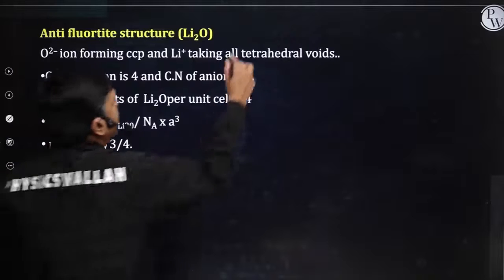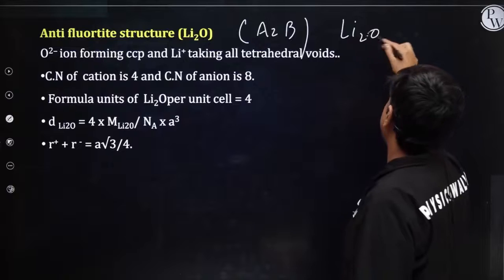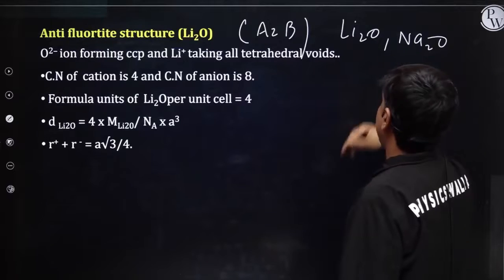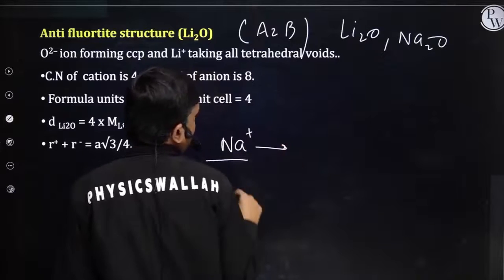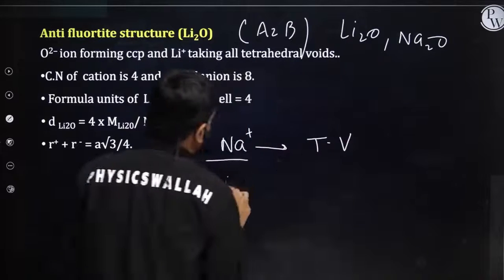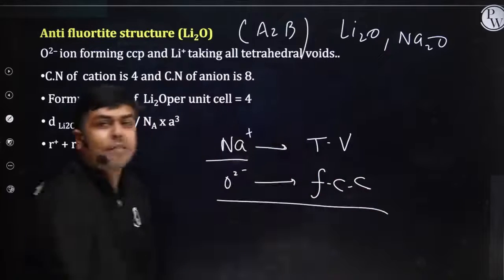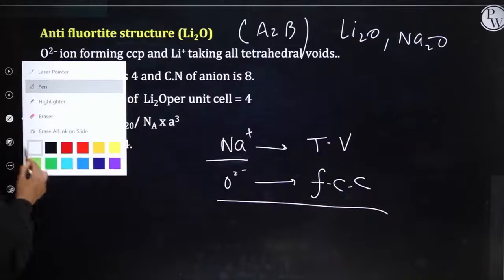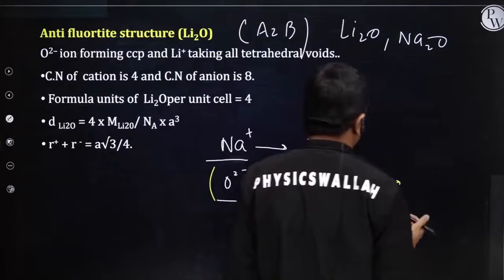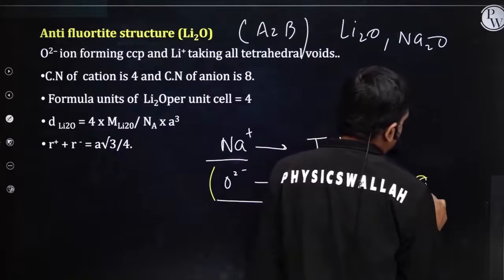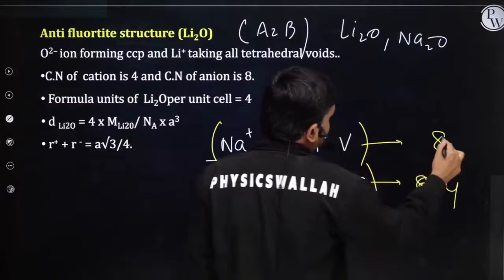Anti-fluorite structure, A2B type. Best examples: Li2O, Na2O. Student, here the cation Na+ is placed in tetrahedral voids, whereas the oxide O2- is placed in an FCC lattice. If it is placed in an FCC lattice, what's the Z effective? Z effective for this O2- is going to be how much? 8. Sorry, 4. What's the Z effective for this Na+? It's 8, right?